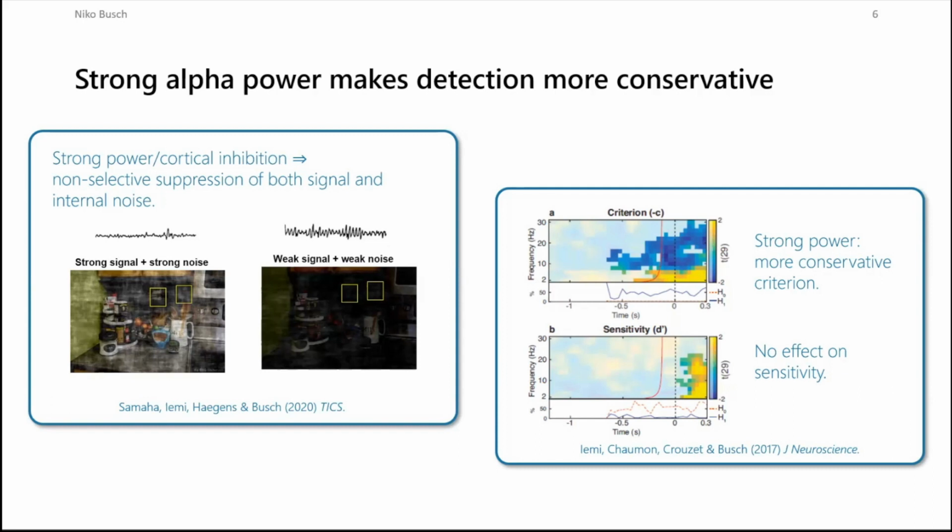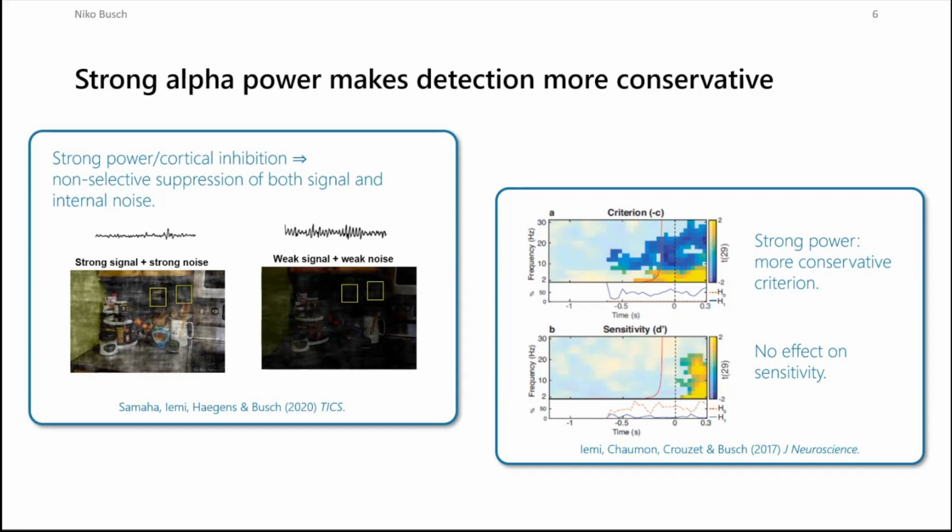So bottom line is, according to our theory of how the alpha rhythm is related to perceptual decision-making, alpha power really has no effect on the signal-to-noise ratio, only on the amplification or inhibition of both signal and noise.